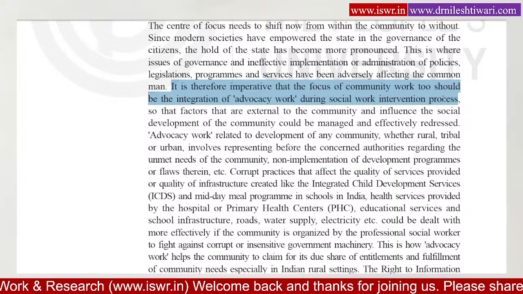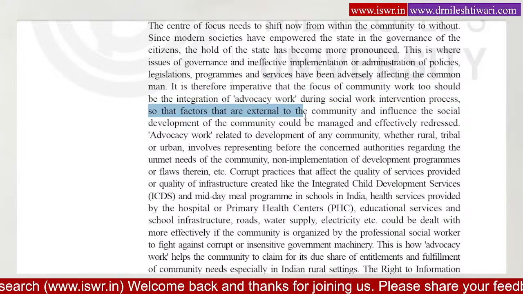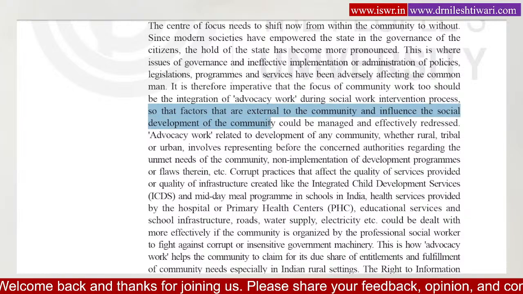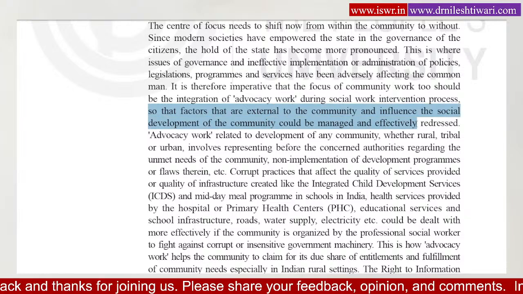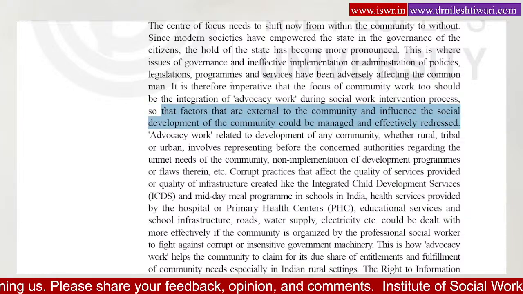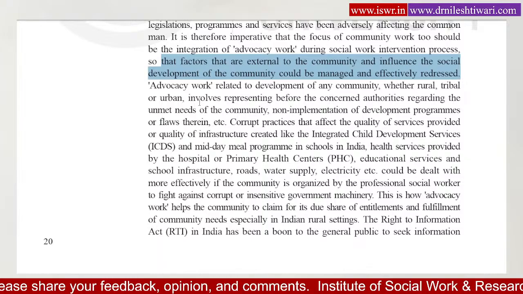And it is done for what? So that the factors that are external to the community and influence the social development of the community could be managed effectively and redressed. This line is very important. Please understand this.